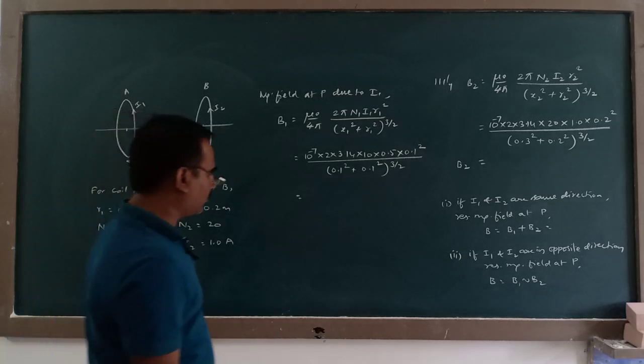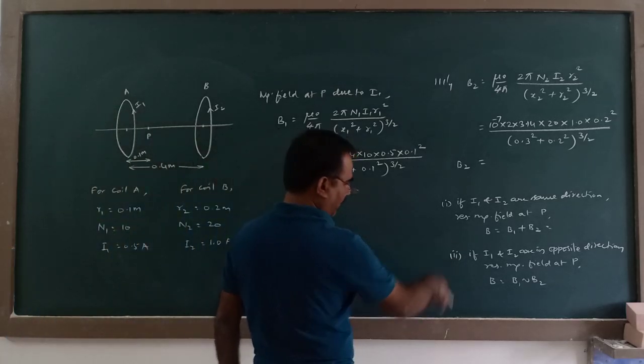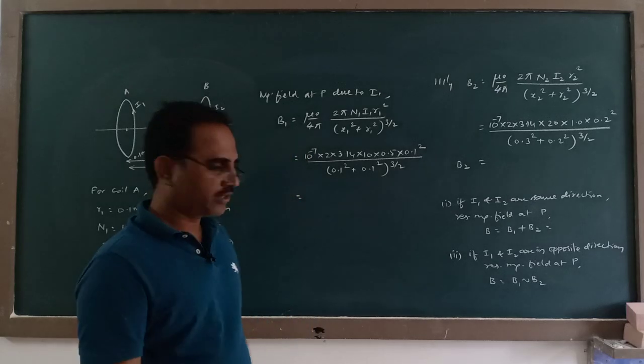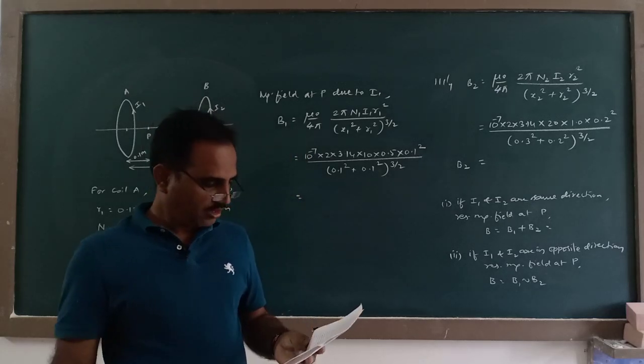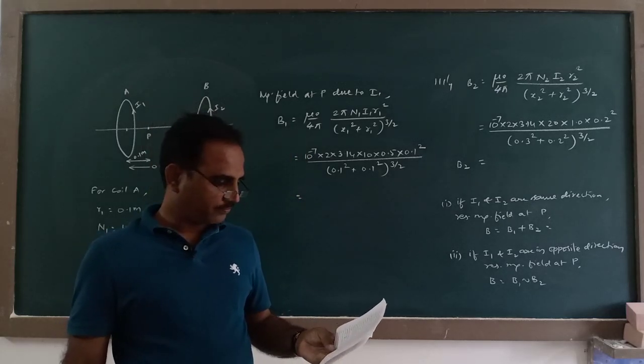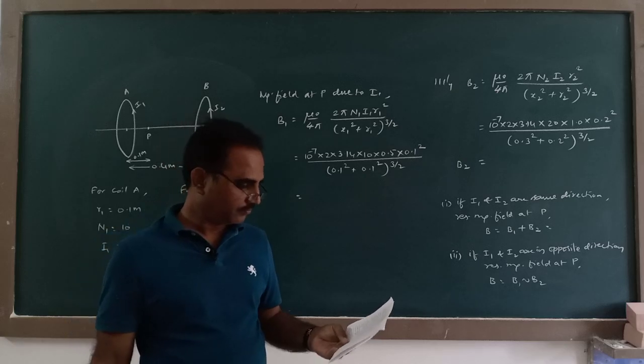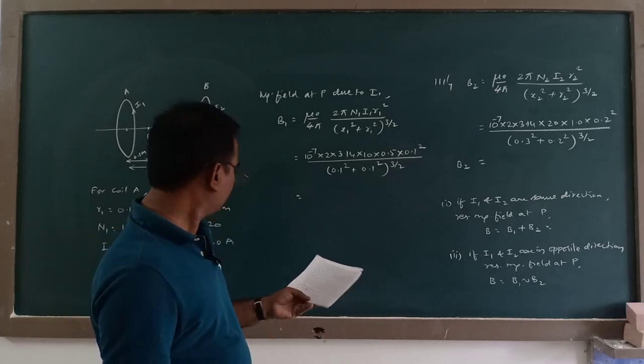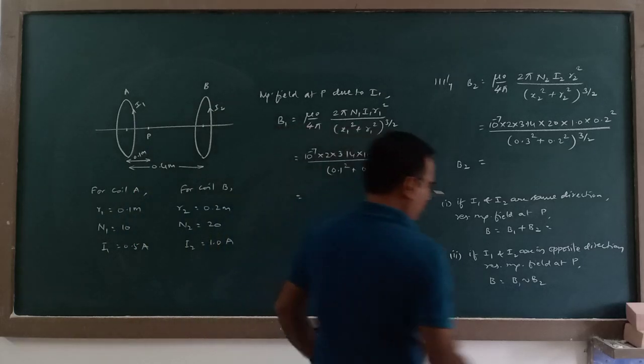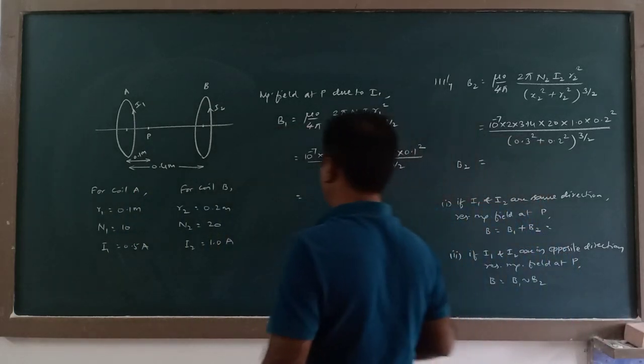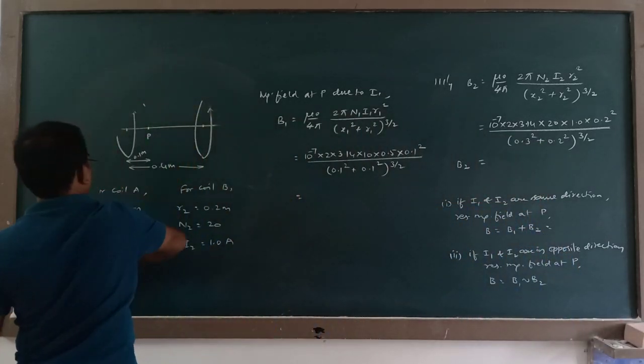So you do this calculation B1 and B2. From this you find B in both cases. You also try the next problem. I will give you the idea. You do the next problem.